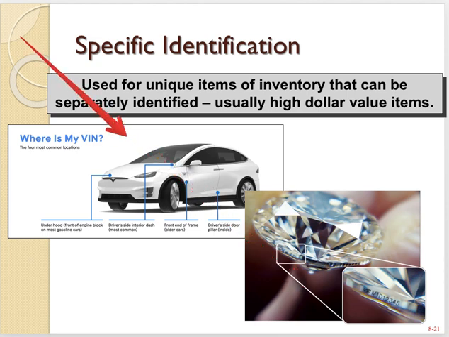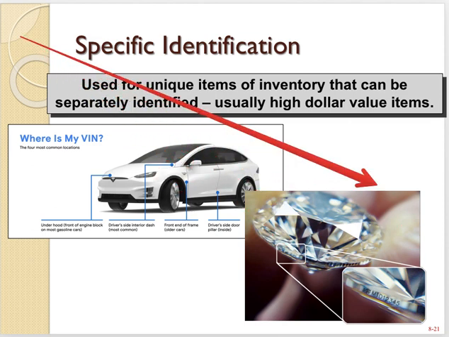Now the thing is, this doesn't work with all products because it really is not cost effective to separately identify every single item. The reason is there are not that many cars out there, certainly not as many as cans of Coke, for example. And when you're talking about a car or a piece of jewelry, we're talking about thousands of dollars, so it makes sense to separately identify those items.